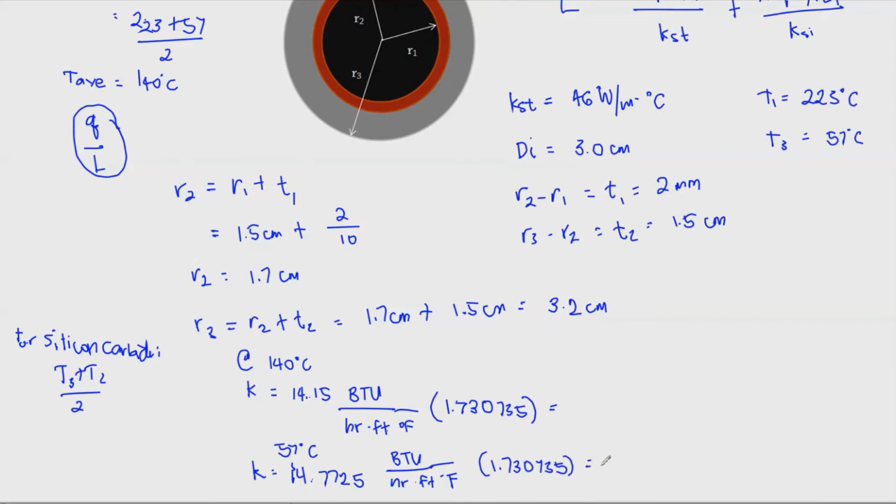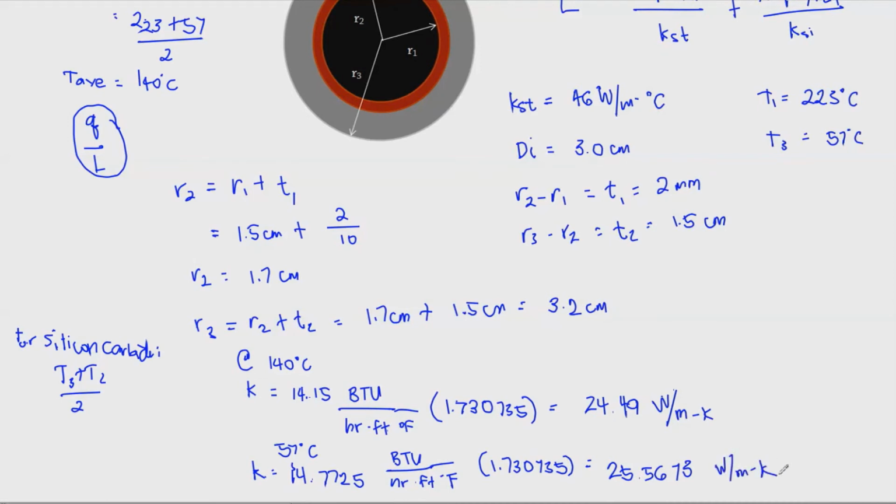So I have 14.15 times that, which is equal to 24.49 watt per meter Kelvin or degrees Celsius. And the other one would of course be higher, but not that high. So we get 3 watt per meter Kelvin.